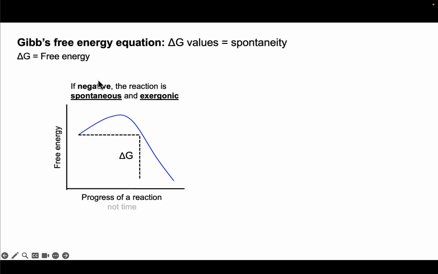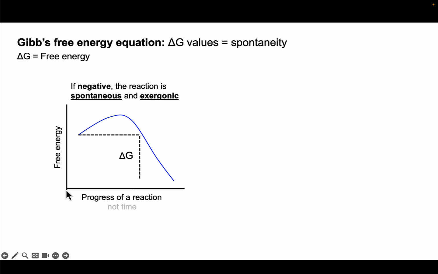If delta G is negative, and this would happen if the reactants have high potential energy and are very ordered, and we come down here and the products have low potential energy and there's more disorder, then this reaction is spontaneous, and it's also called exergonic. I remember this because I X the energy out. I don't need to put in energy to get this reaction to occur.